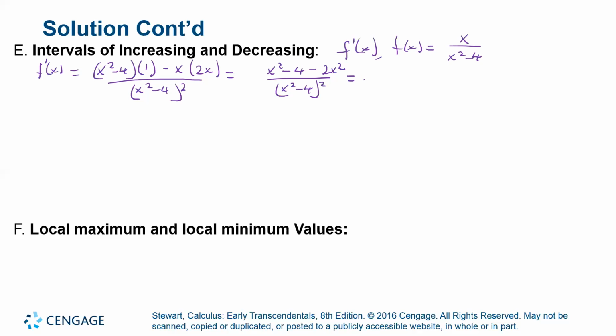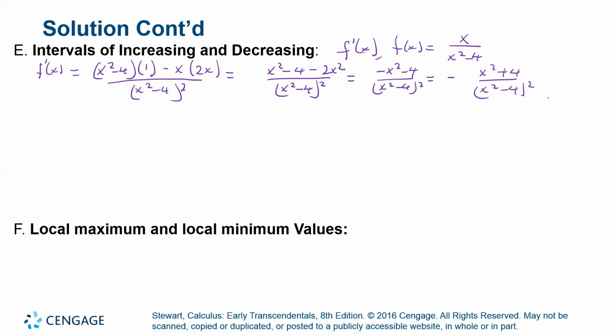Now, equate this to 0. The numerator will be actually minus x squared minus 4 divided by x squared minus 4 all squared, which is the same as negative x squared plus 4 over x squared minus 4 all squared.